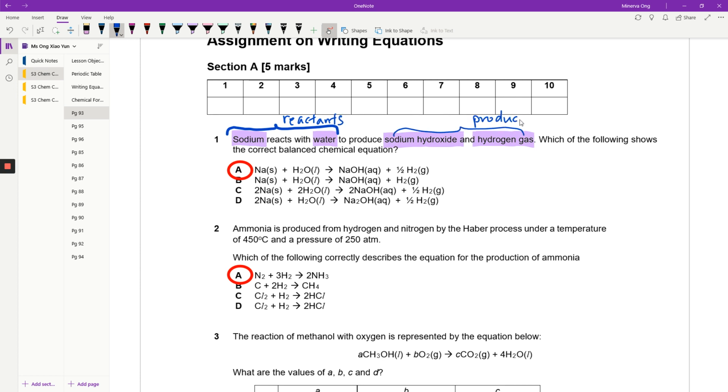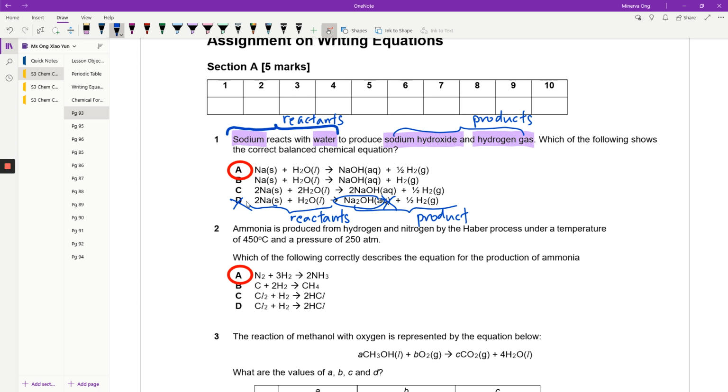So you will find that all the substances that are given in the reactants are on the left hand side. Then products are on the right hand side. Then next you can do the elimination method. So this one is the wrong formula, so D is out.